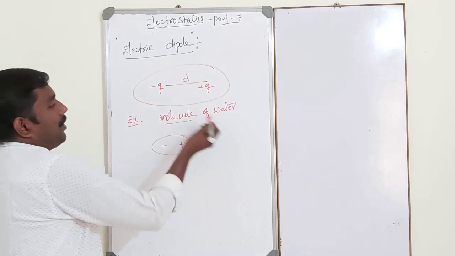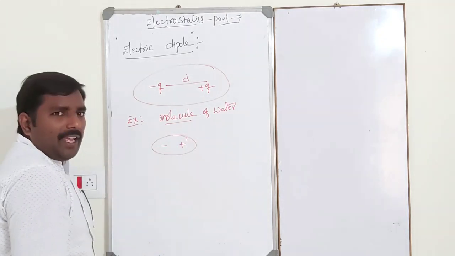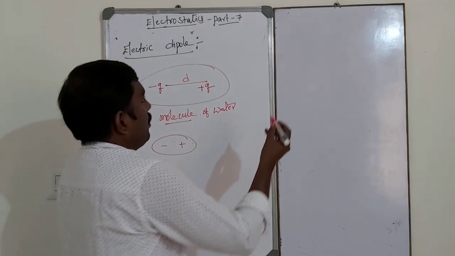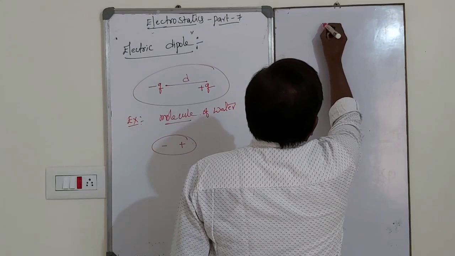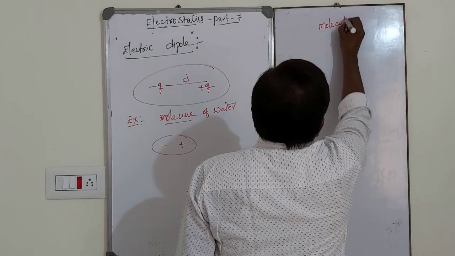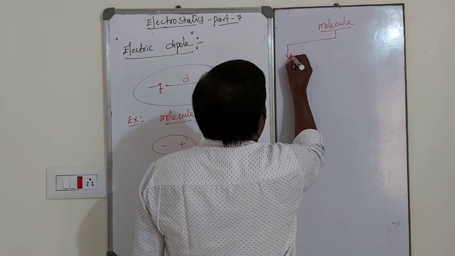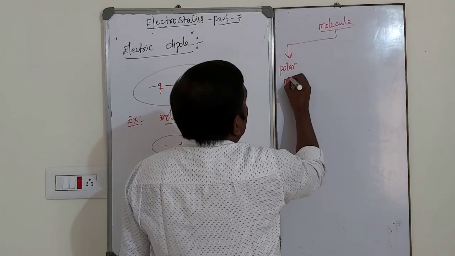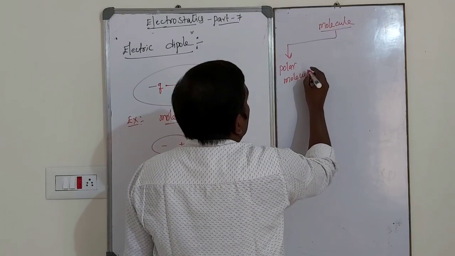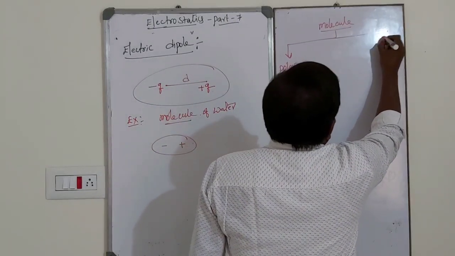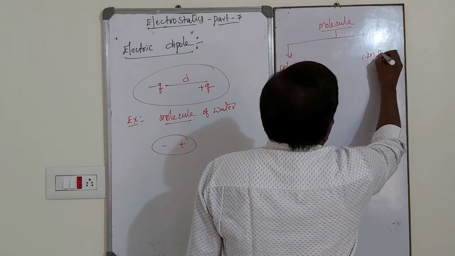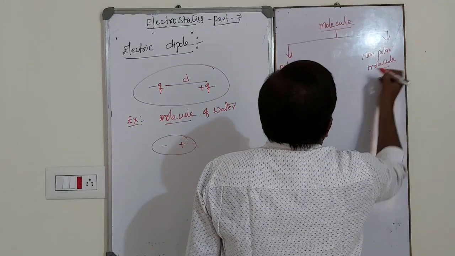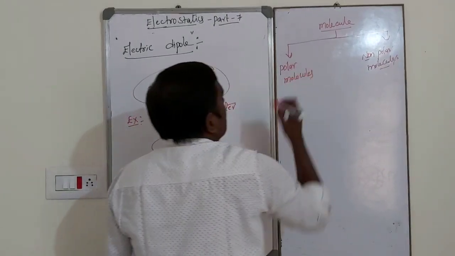Okay, students, generally molecules are of two types: polar molecules and non-polar molecules.